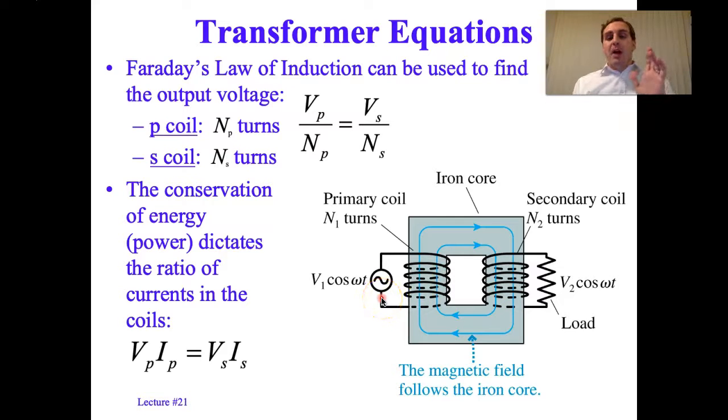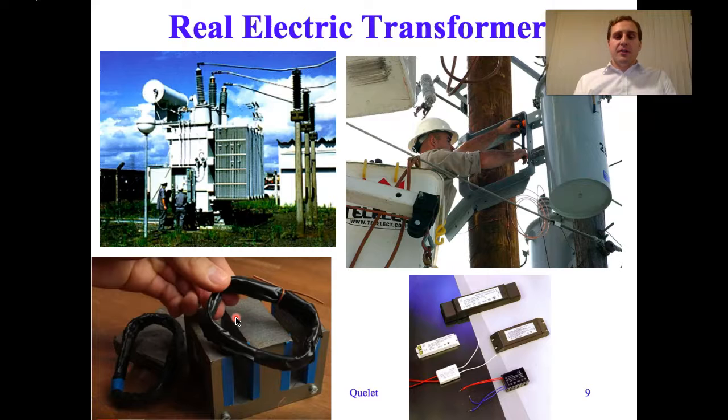But as long as the power is conserved, in a very idealized transformer, then power primary equals power secondary. We recall that power is equal to voltage multiplied by current. So VpIp equals VsIs. That is, the product of voltage and current on either the primary or the secondary is conserved.